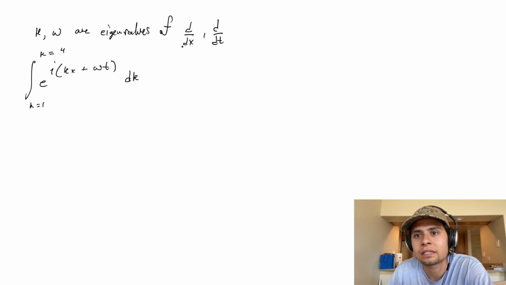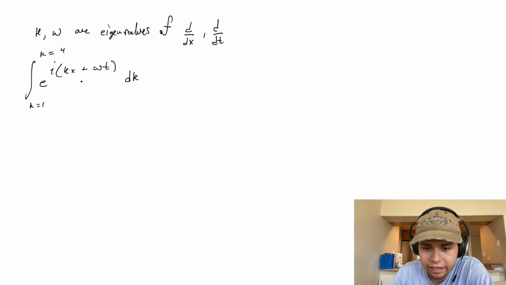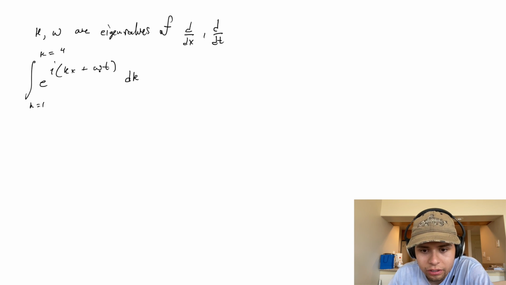There's only a specific set of functions that d/dx can act upon to give us these values of k, and those are sinusoidal functions. So we are integrating again over k. Now nothing here in this kernel, or whatever you want to call it, is squared or anything like that.